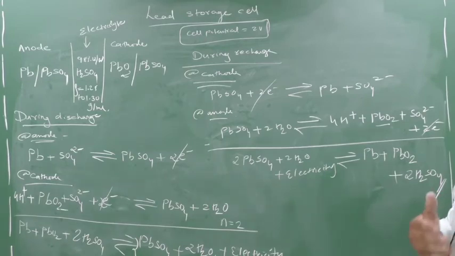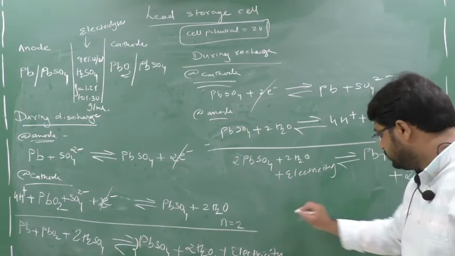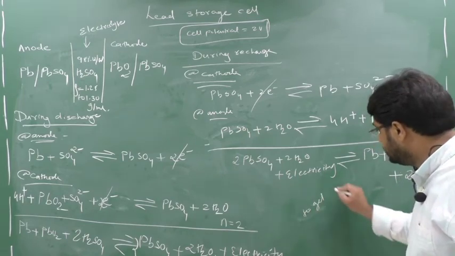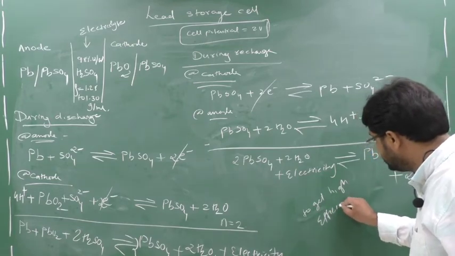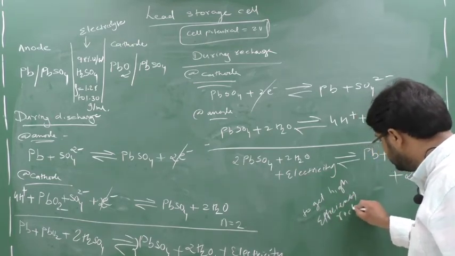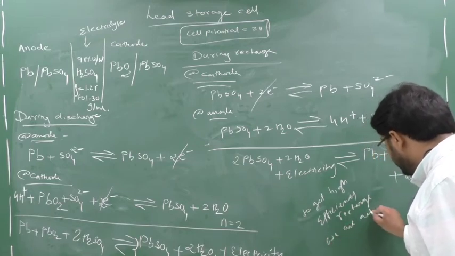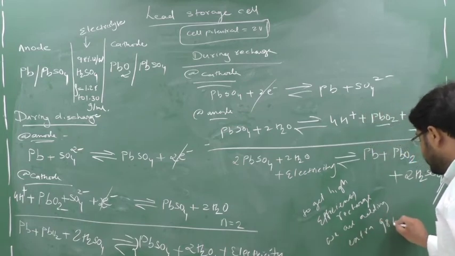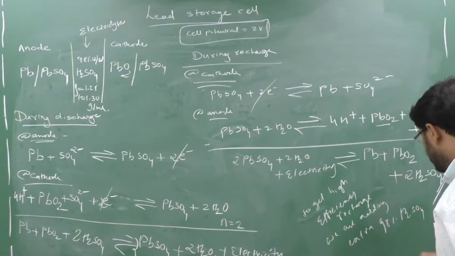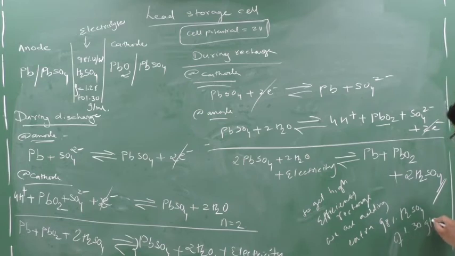To get a high efficiency recharge, we are adding extra H2SO4 of 98% weight by weight, of 1.30 gram per ml of density.